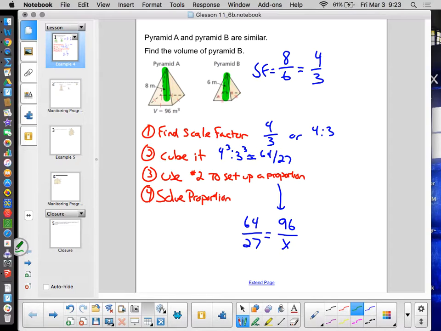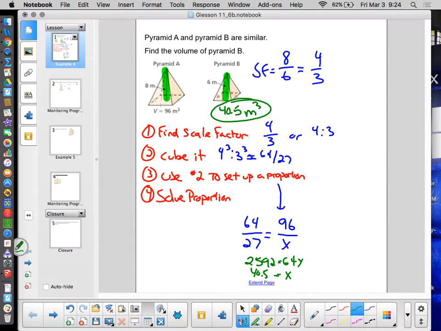But 27 times 96 is 2,592. We divide by 64, and I get 40.5. So my volume is 40.5, and of course, context, meters cubed. So we create our context.